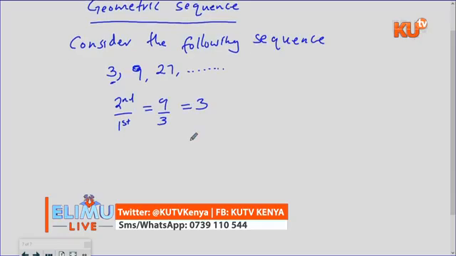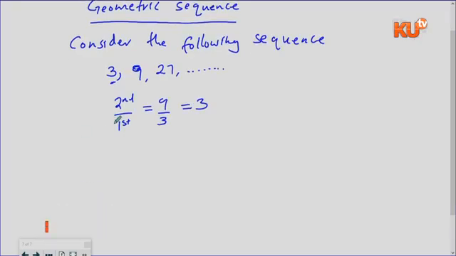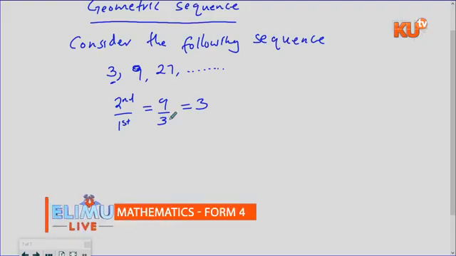Again, if I take the third term, which in this case is 27, and the second term is 9, again you'll obtain 3.